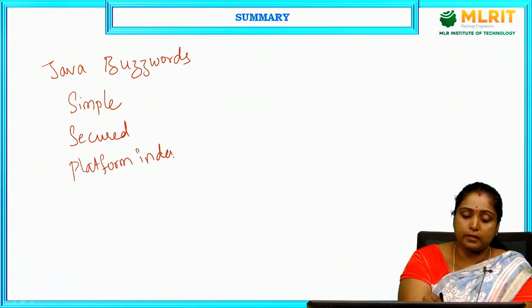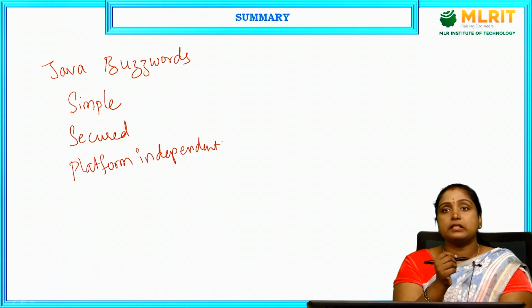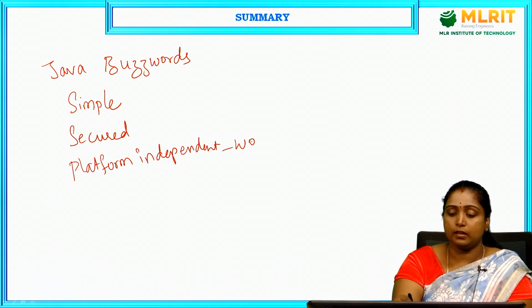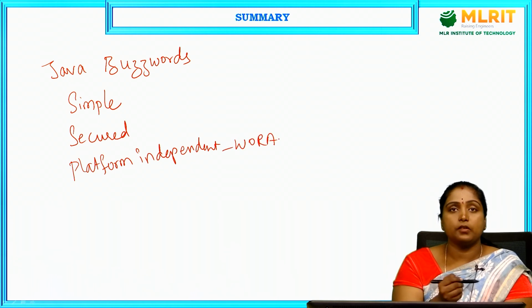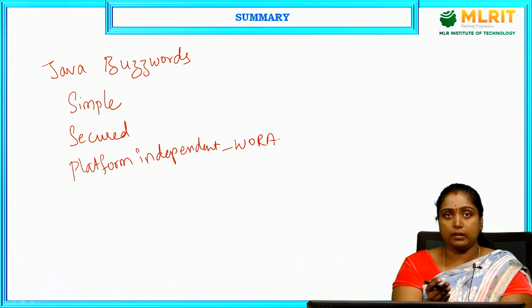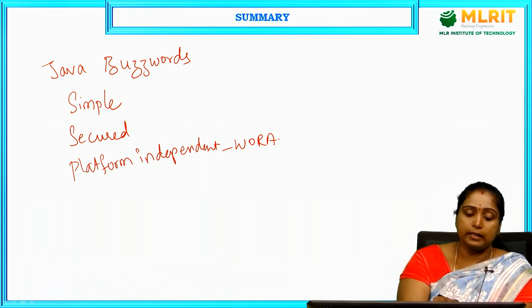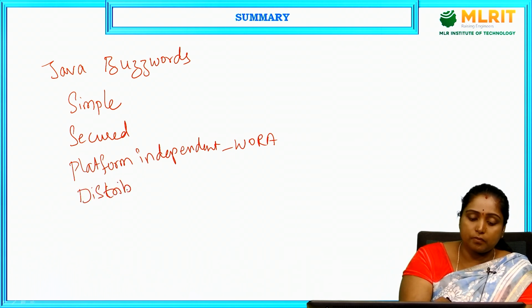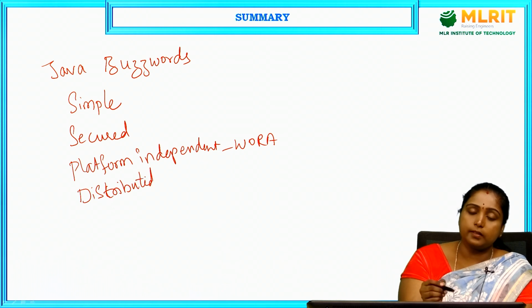Platform independent or architecture neutral. So you can say Java is platform independent. Why? Because it has a feature like write once, run anywhere. You can write the program once and run it anywhere, on any operating system. Distributed.